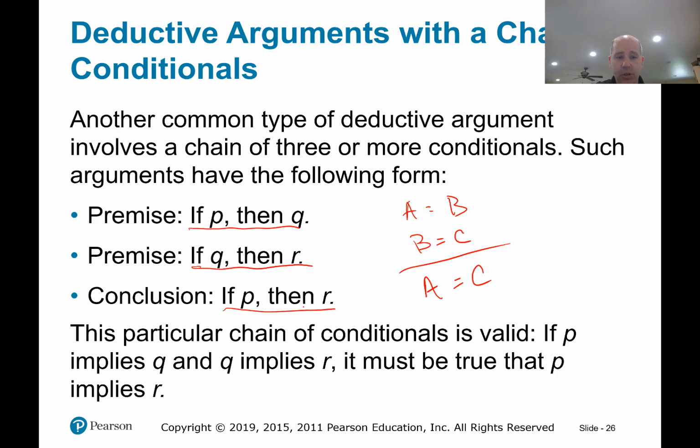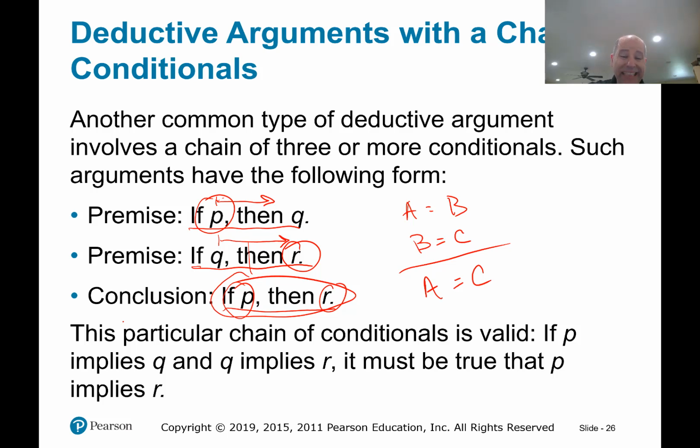If premise 1 is true, that if P is true, then it must lead to Q. And then premise 2 says if Q is true, it must lead to R. Well, then the conclusion says if P is true, then it must lead to R, which is true because it's like a chain. If P leads to Q and Q leads to R, then if P is true, then it must automatically lead all the way to R. And that's what the conclusion says.